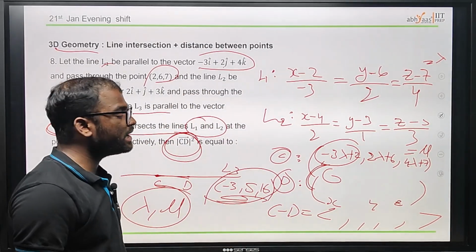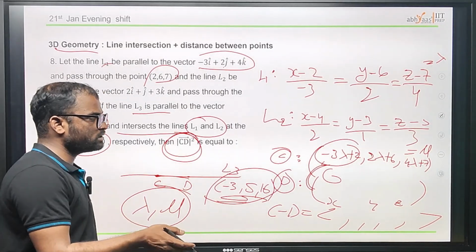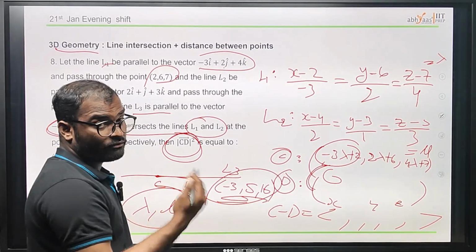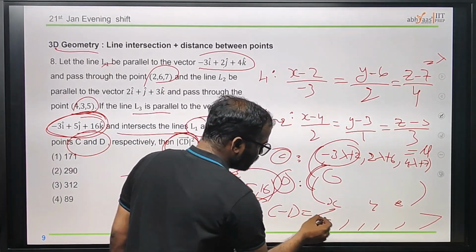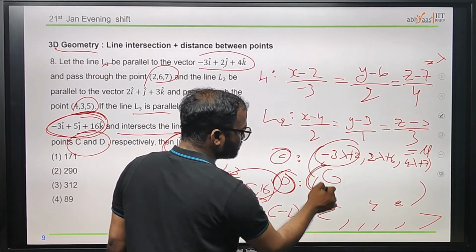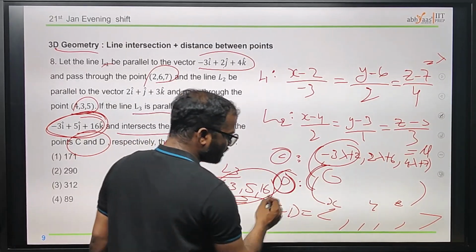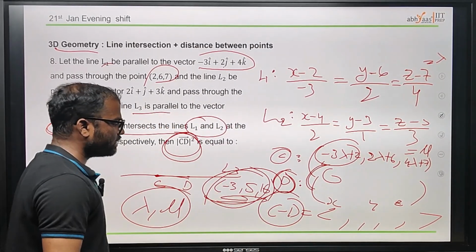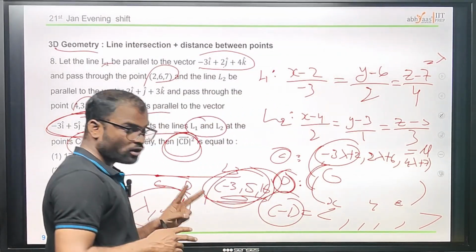After finding the C and D points, it is easy to use the distance formula, the magnitude whole square. We subtract C minus D, and by using the vector minus 3, 5, 16, we can easily find the 2 equations.